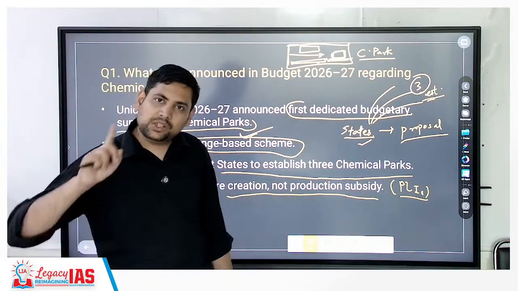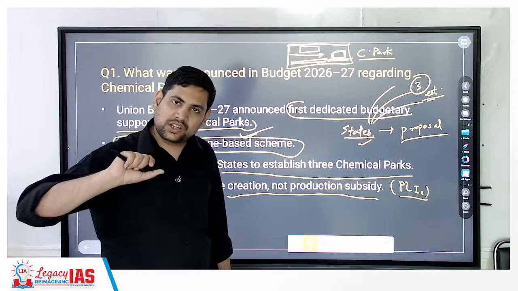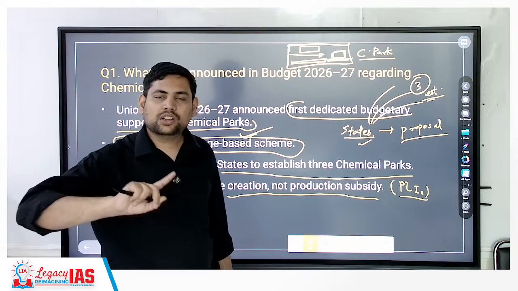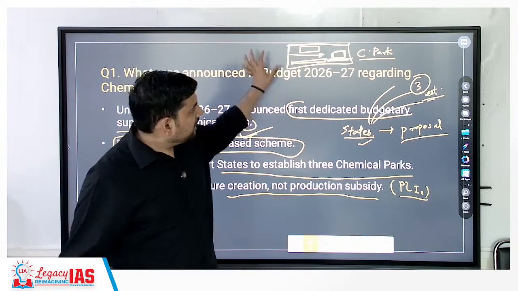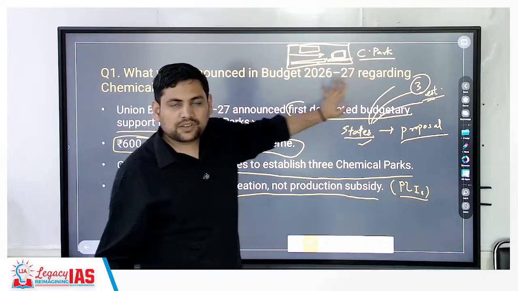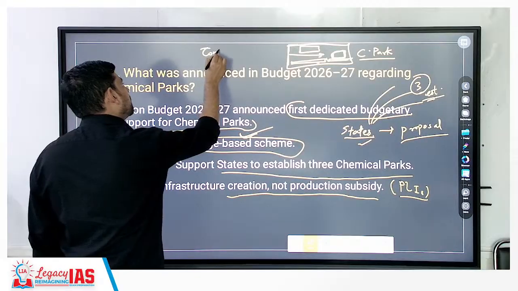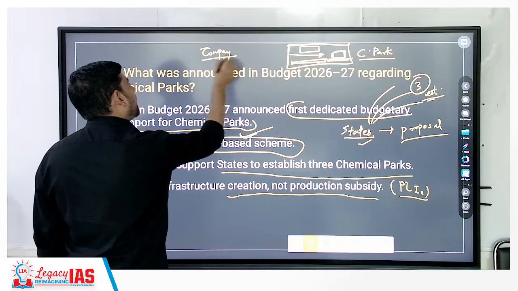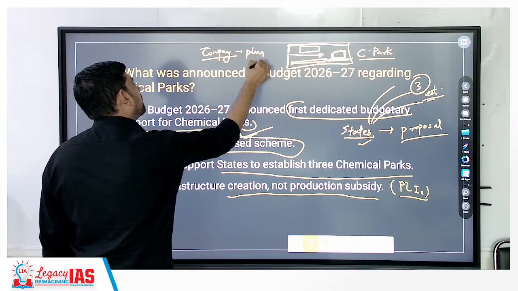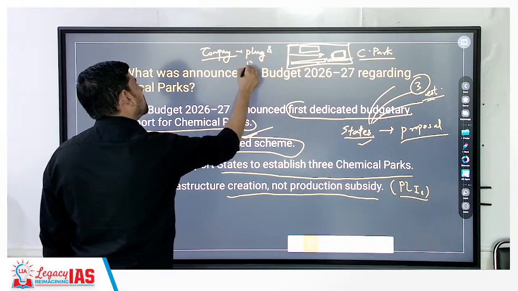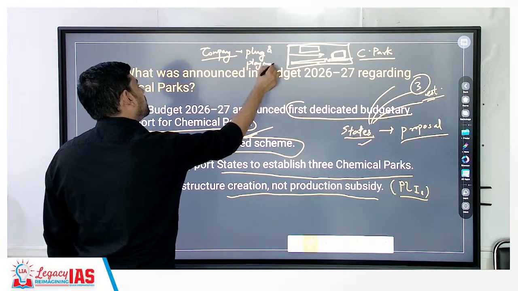What the government is doing here is not establishing its own industry or doing production. The main focus is on developing this entire infrastructure in such a way that any company can come based on a plug and play model. What is plug and play model?